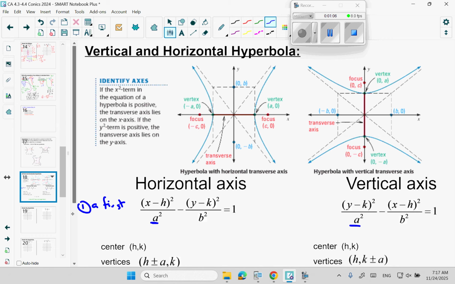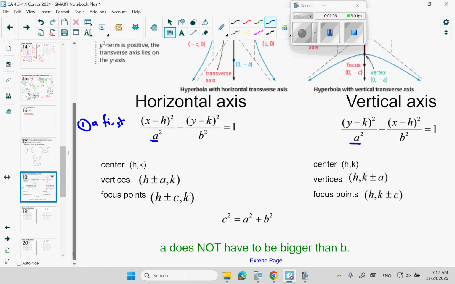You might also find out here that a does not have to be bigger. And in fact, because c squared is now the plus, c is the biggest. And the last change you might notice from ellipses is it's a subtraction sign. That's the major one. It creates a sort of reflection where the parabolas go away from each other.